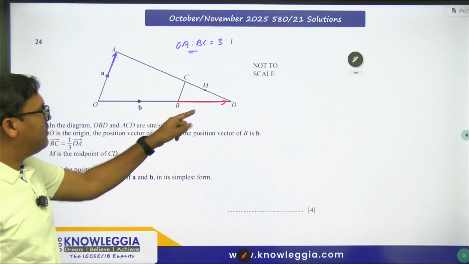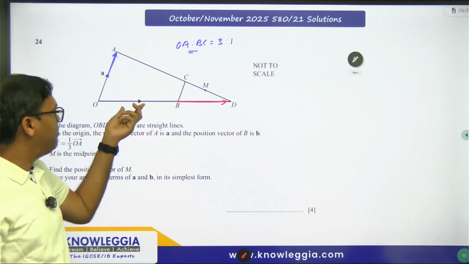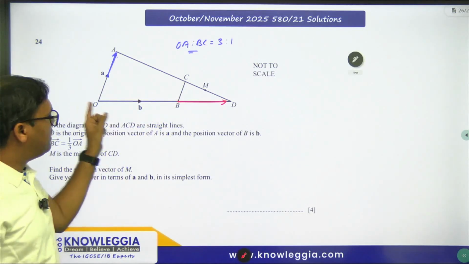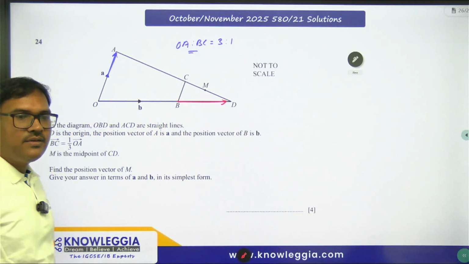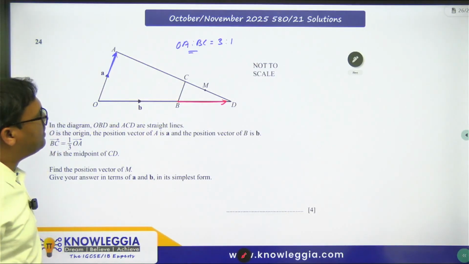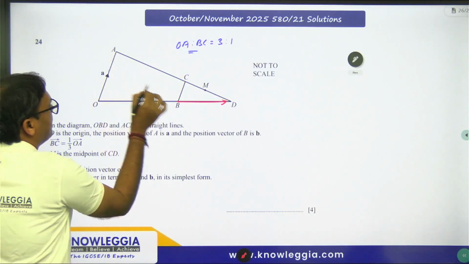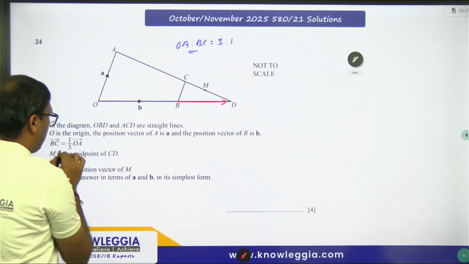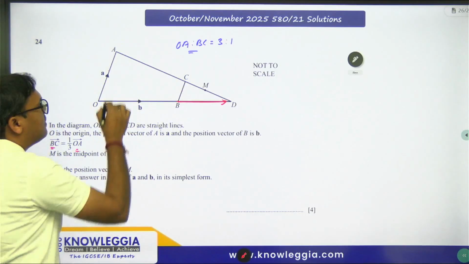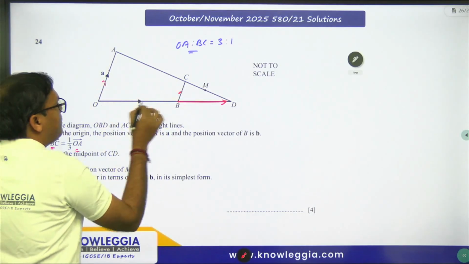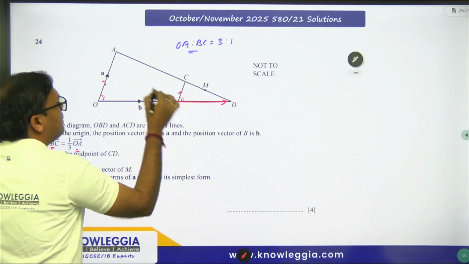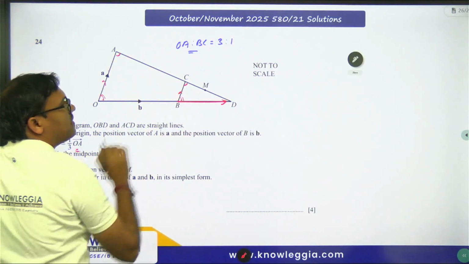But how will you find the BD vector? You can see the BD vector will be some multiple of the B vector because they are on the same line, right? If you can find the ratio of the sides, you can see this side is parallel to this side. Why? Because this vector is parallel to this vector. That means this angle will be equal to this angle correspondingly.